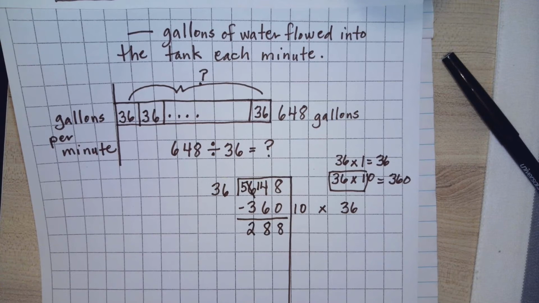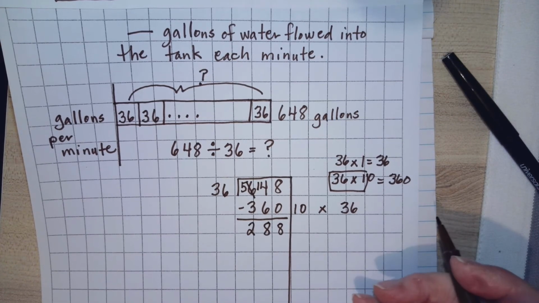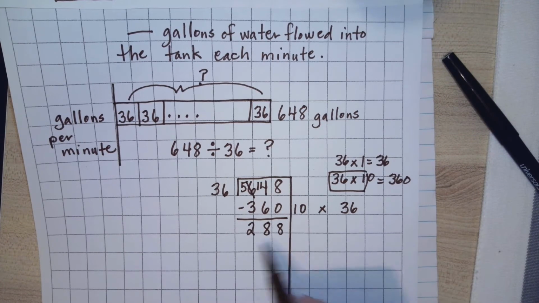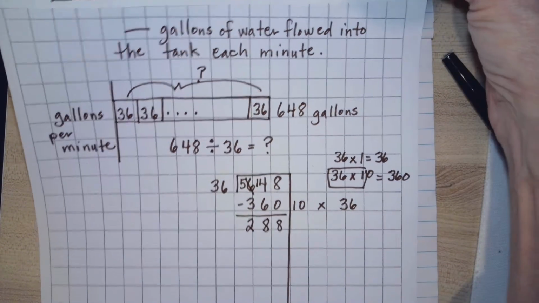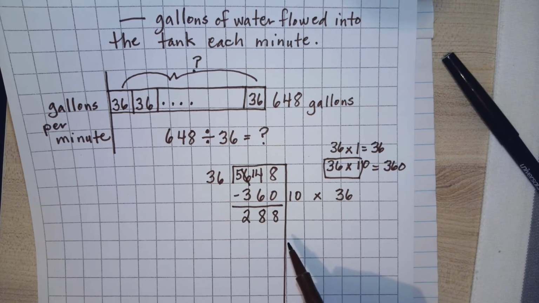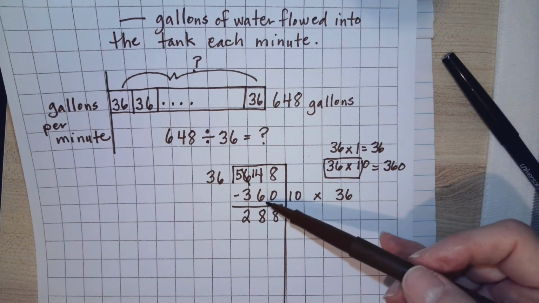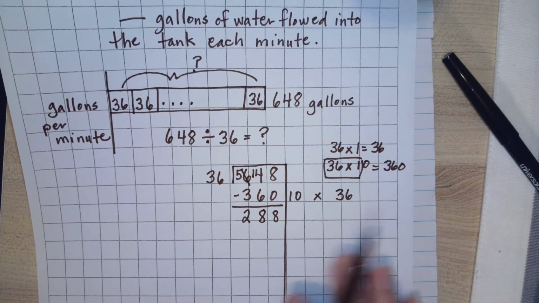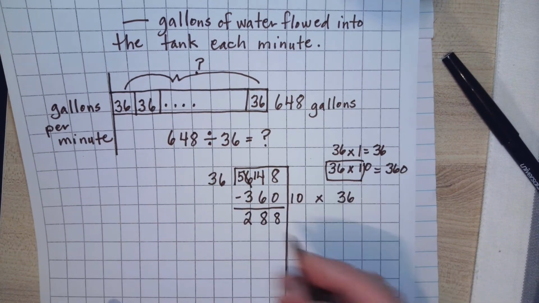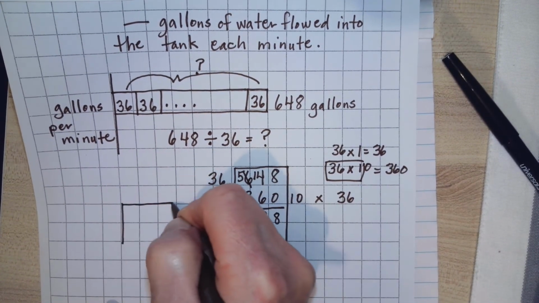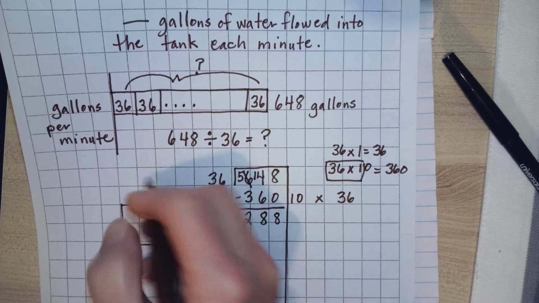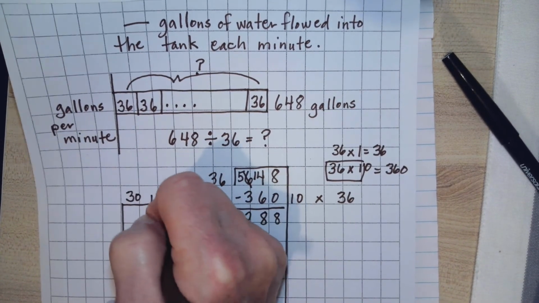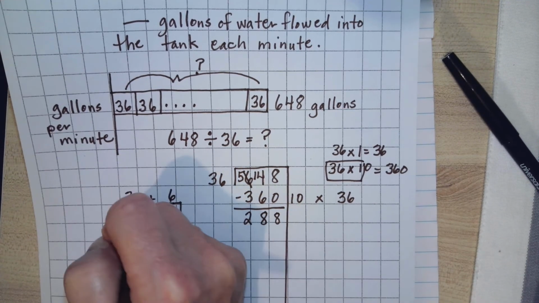Well, I can't do 36 times 10 again, because that would be too much. I don't want to keep just subtracting 36. I could do that, but the other thing I could do is, if 10 is going to give me 360, why don't I just try 36 times 5? Over here I'll use my area model to show 36 times 5.